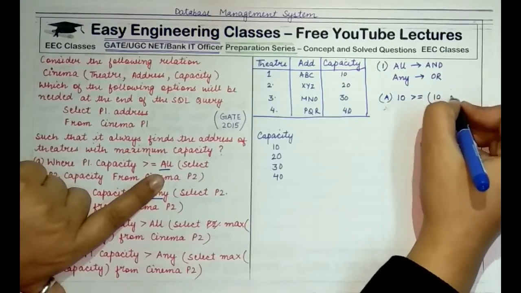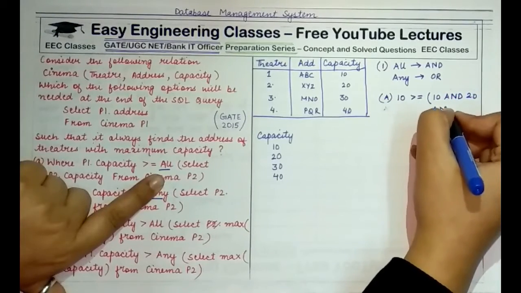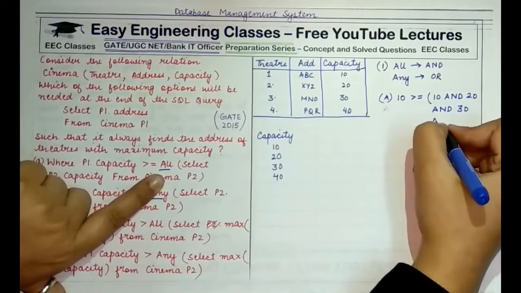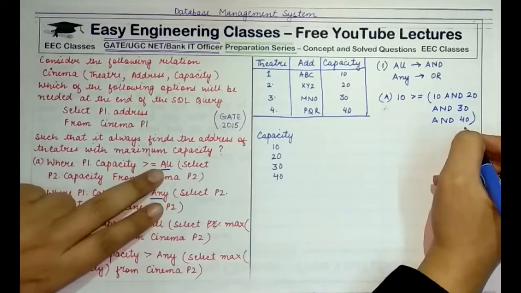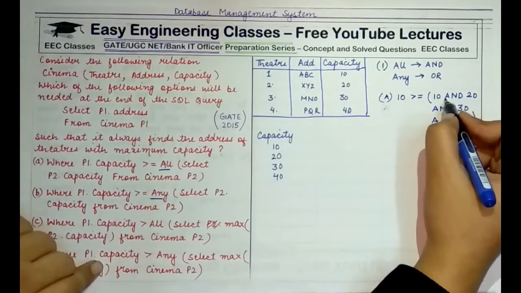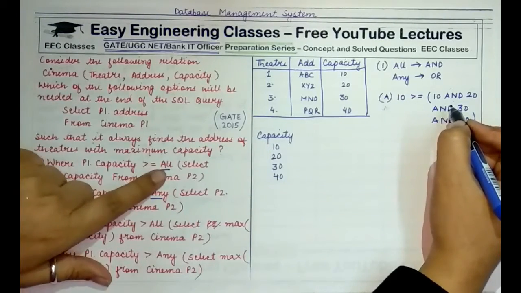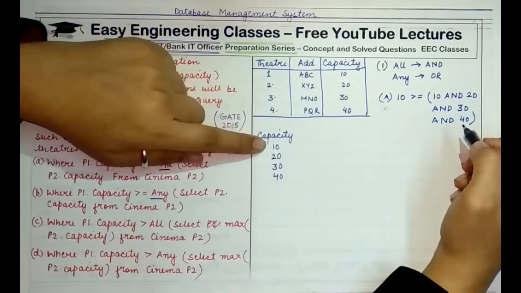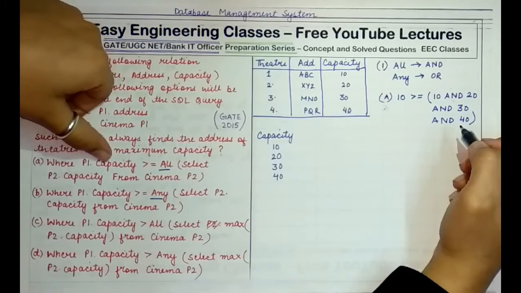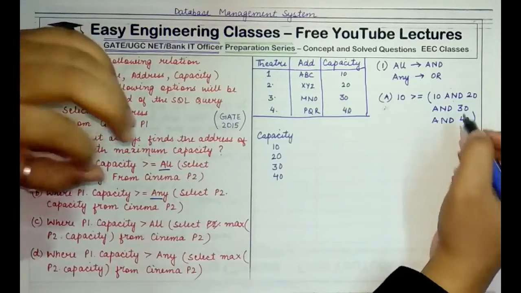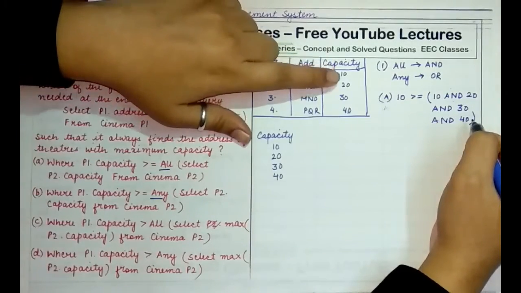Okay, so I'll write it down: 10 and 20 and 30 and 40. So what I meant was that whenever the keyword all is used, the keyword AND is added between the values that are the options to the all keyword. The inner query result was 10, 20, 30 and 40, and when we are choosing the capacity of the outer query, we will use this AND condition, and then only we will select the corresponding capacity values.